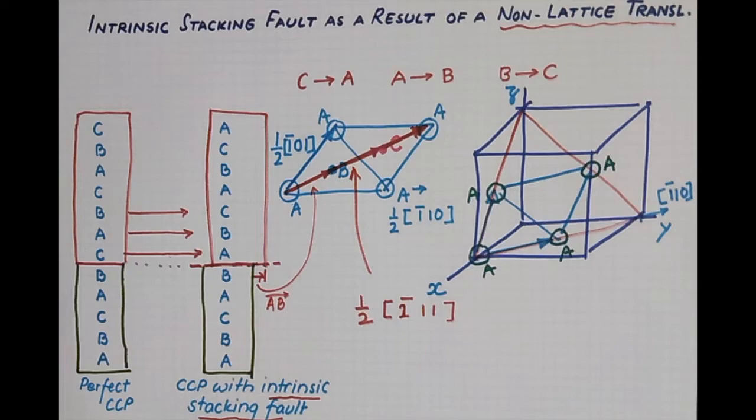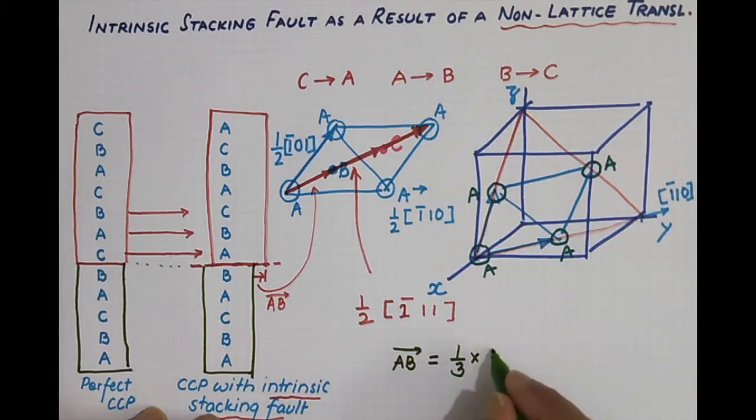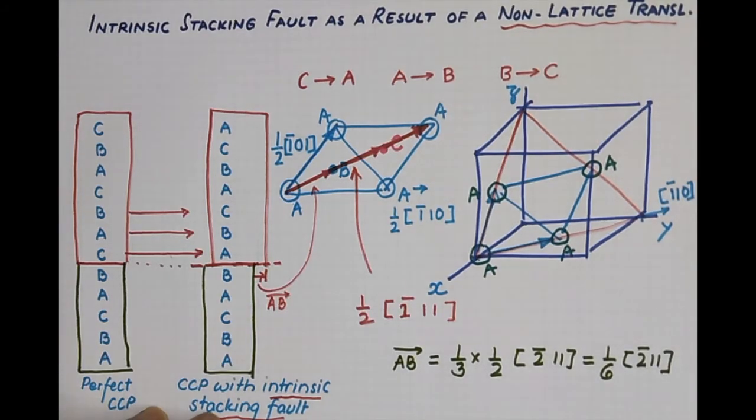And the A to B translation vector is 1/3 of this half 2 bar 1 1. That is 1/6 2 bar 1 1.